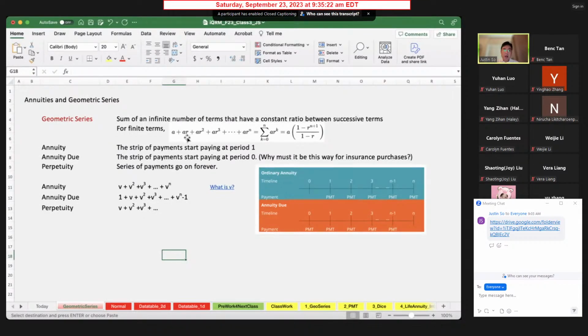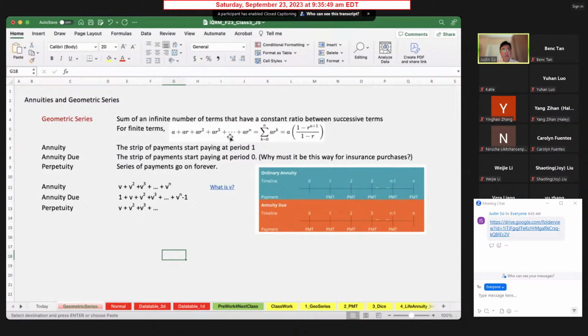R is the ratio, the constant factor. You multiply R to the previous term and it becomes the next term. It keeps increasing by multiplying by that constant factor. For finite terms, the power goes to n, which means we have n plus 1 terms here.